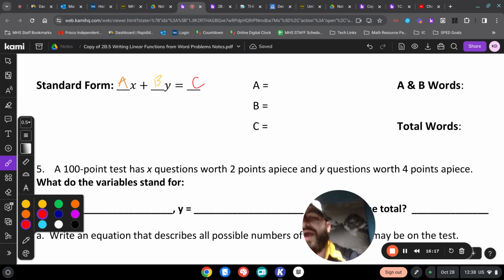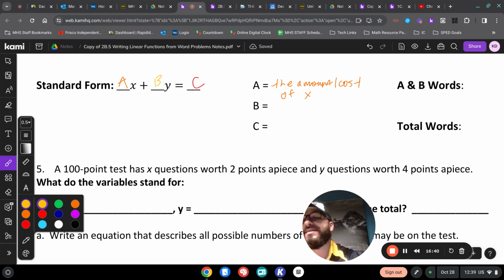Okay, so A is typically the amount slash cost of x. So some sort of number or amount or cost associated with my variable for x.